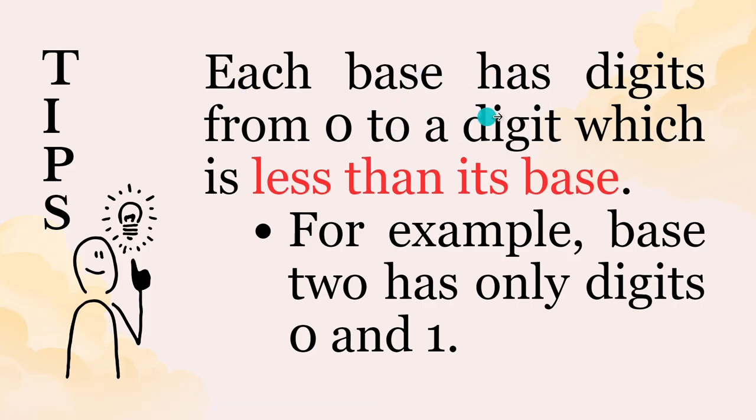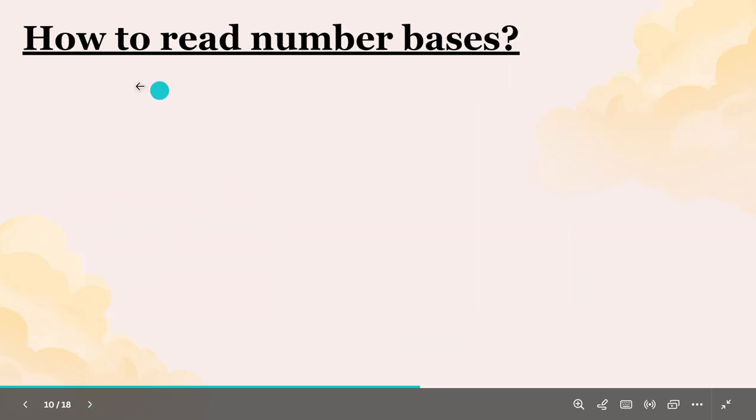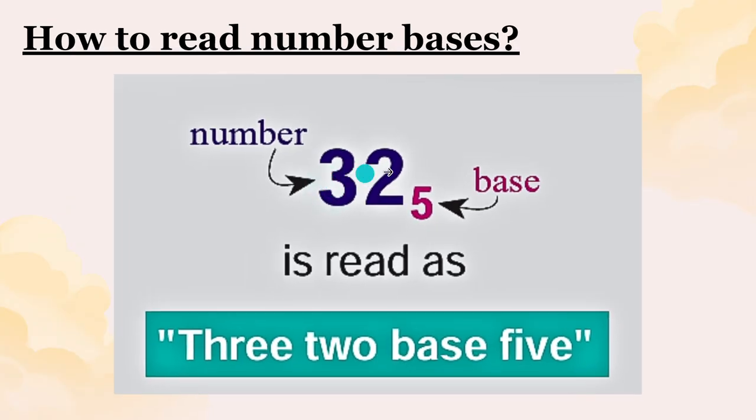Next, some tips, which I have mentioned again and again: each base has digits from 0 to a digit which is less than its base. For example, base 2 has only the digits 0 and 1. Next, how to read number bases. Just now I read the number bases, right? Here the number is 32 and the base is 5.